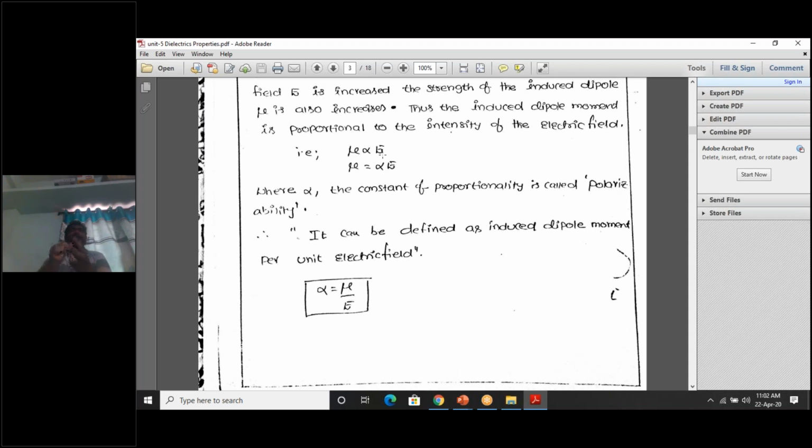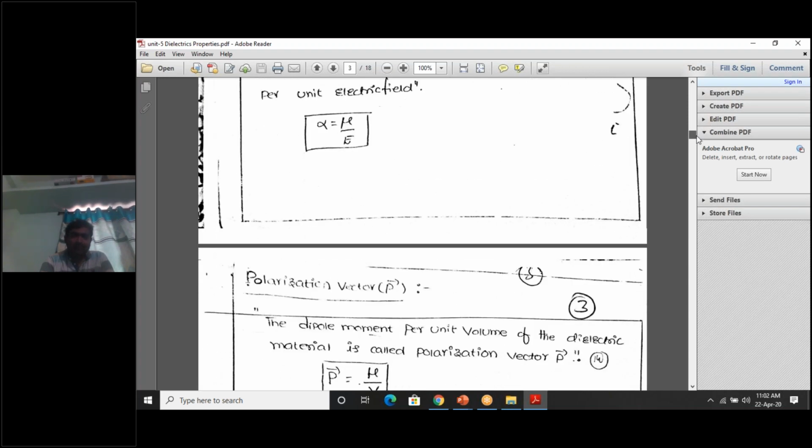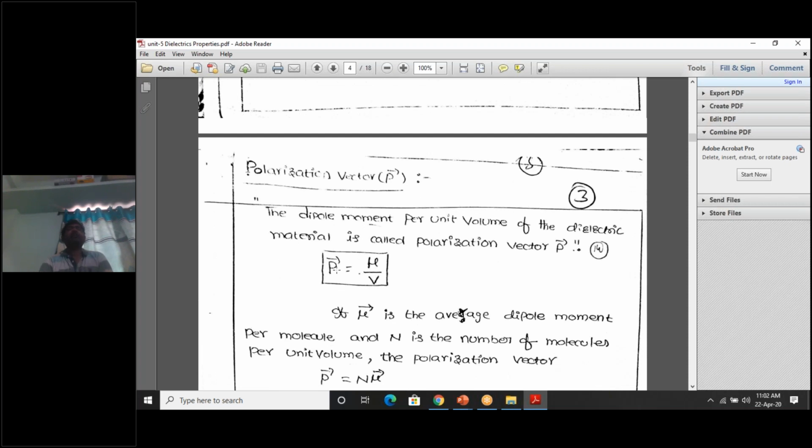As I apply more electric field, more dipole moment will be produced. This dipole moment per unit electric field is called as what? Alpha. In the same manner, this dipole moment per unit volume is called as what? Polarization vector. As the applied electric field increases, from a small electric field to a big electric field, the distance between the two charges increases, which means the mu value increases.